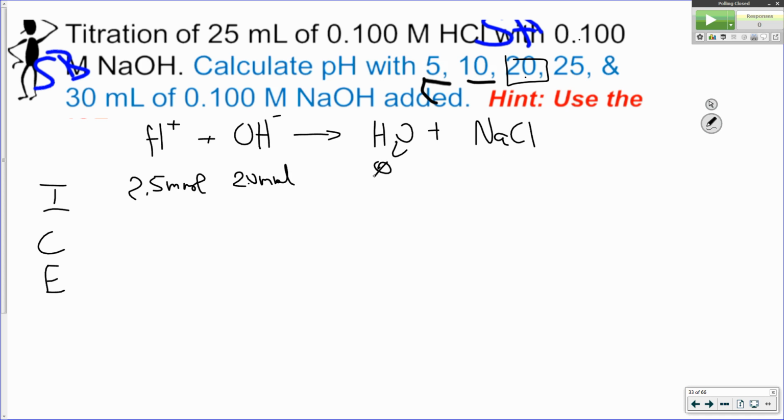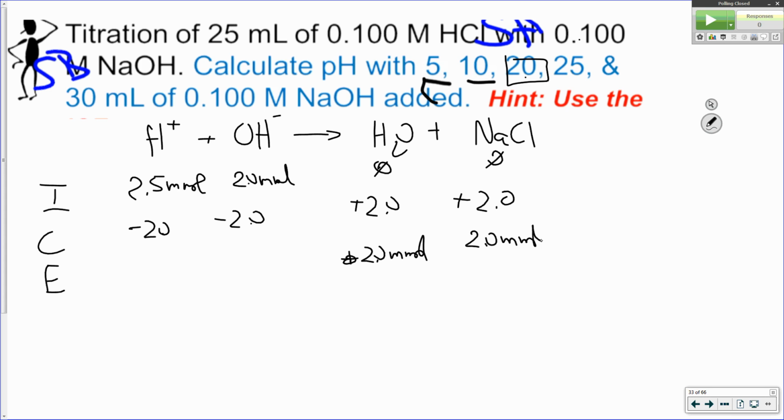There's none of these initially. So still it's the limiting reagent. So minus 2, plus 2, plus 2. So at equilibrium, I've got 2 millimoles of water, 2 millimoles of the neutral salt. I don't have any OH minus, and I'm down to 0.5 millimoles of the H plus.